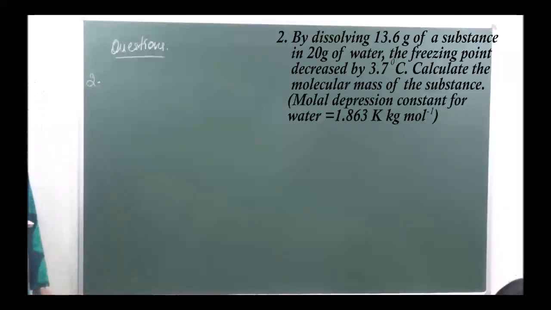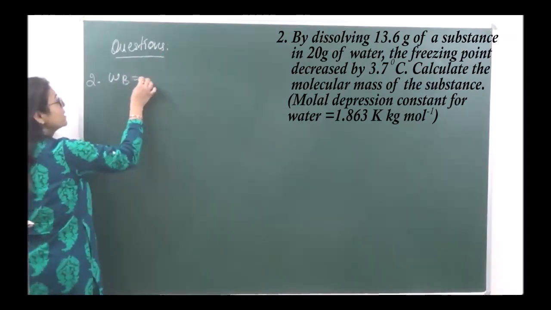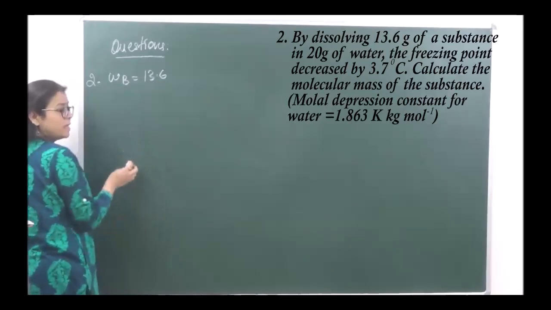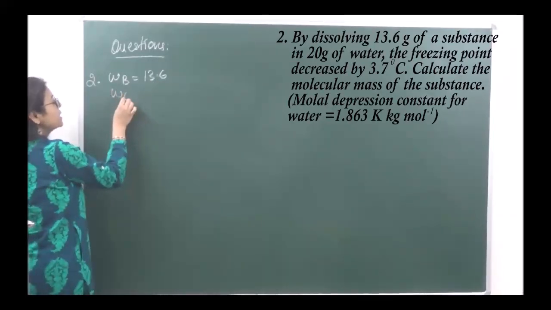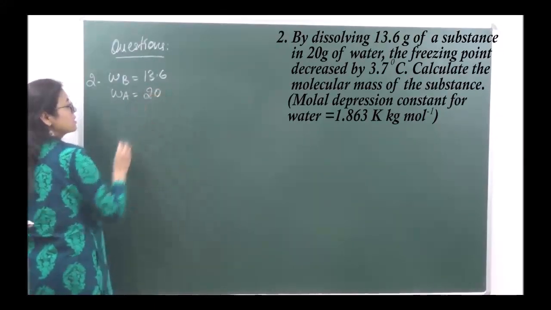Question number 2 is: by dissolving 13.6 grams of a substance in 20 grams of water. So Wb given to us is 13.6 and Wa given to us over here is 20 grams.